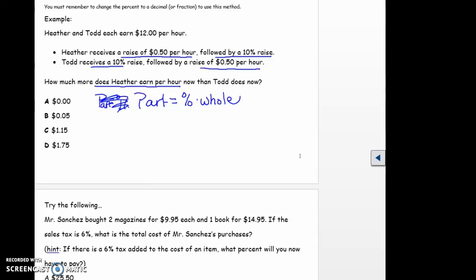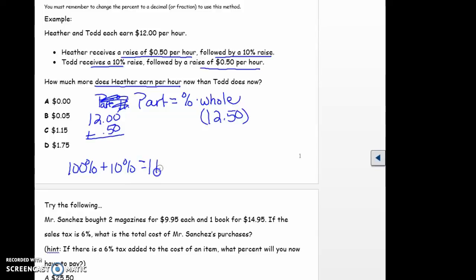So if this is Heather, and Heather was earning $12 an hour, but she's added on to that her 50-cent raise, the new whole is $12.50. She's getting a 10% raise. Well, she was making 100% plus her 10% raise.